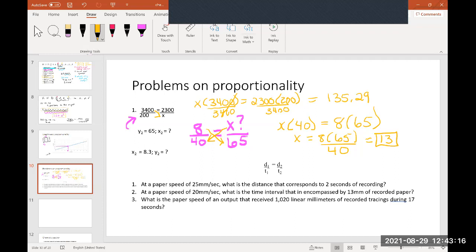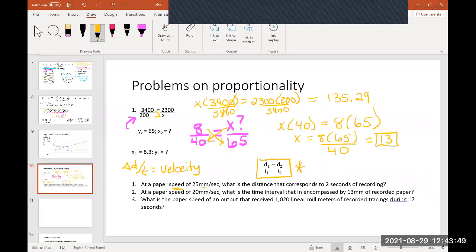There are other problems in your lab manual that also discuss this proportionality. In this example shown here with D1 over T1 equals D2 over T2, we're now addressing velocity. So distance over time, a change in distance over time, is velocity, a way to describe speed.